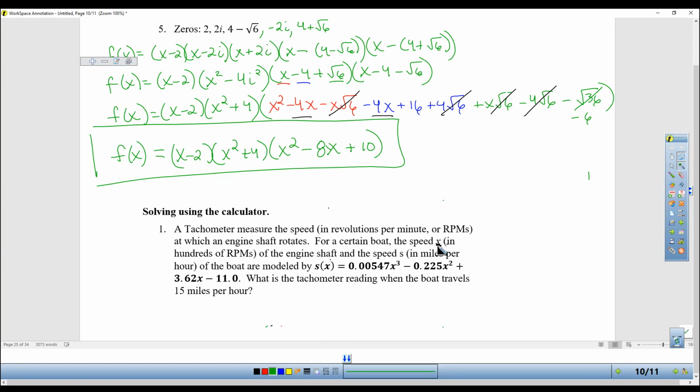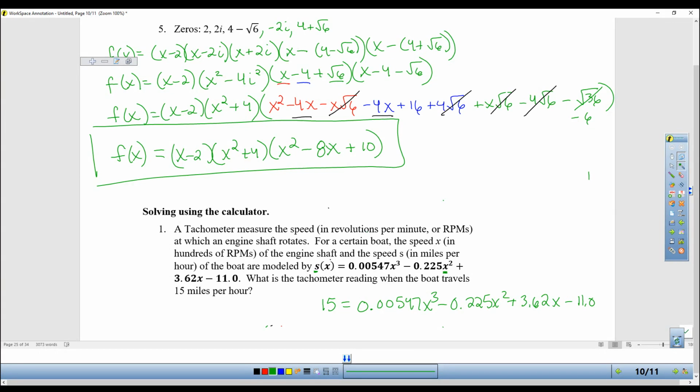So the speed in RPMs is the x, but the s is the miles per hour. So that's how I know that goes on that side. So 15 is 0.00547x cubed minus 0.225x squared plus 3.62x minus 11.